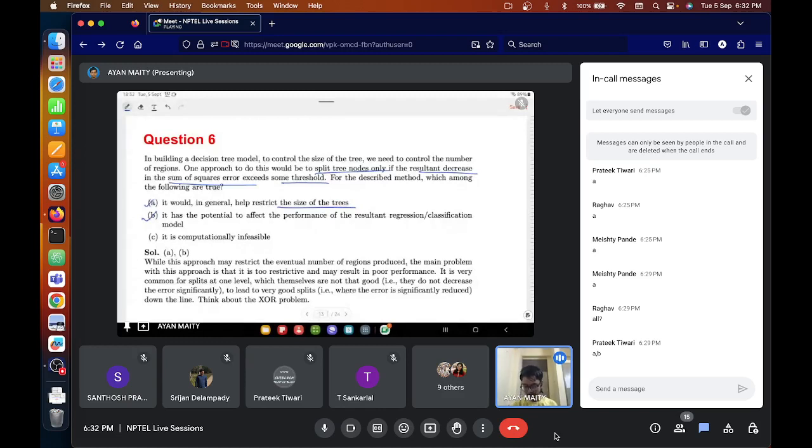Option B says it has the potential to affect the performance of the resultant regression or classification model. This option is true, because we are not splitting at every node.